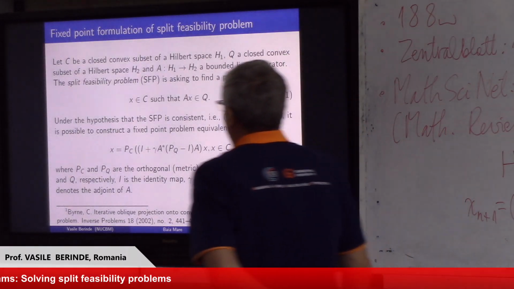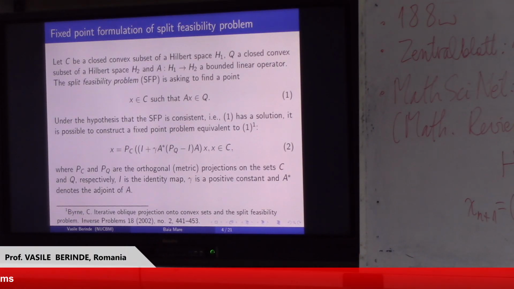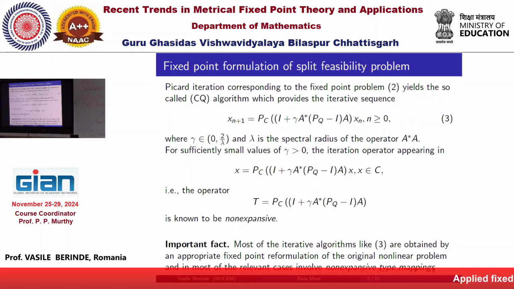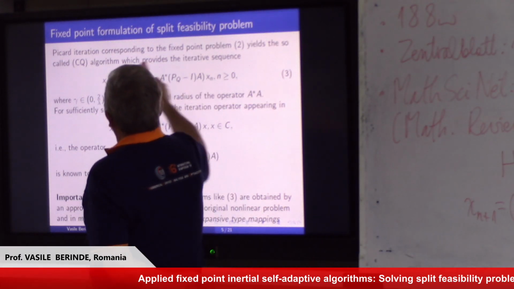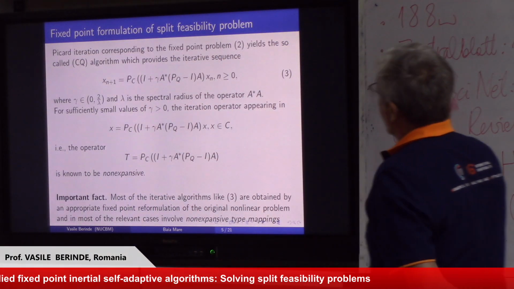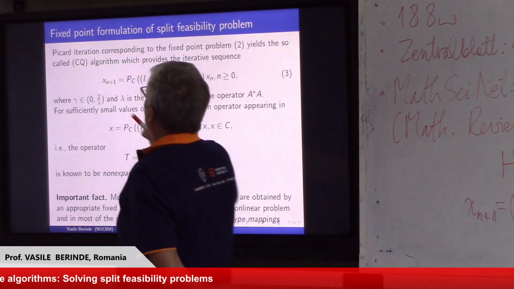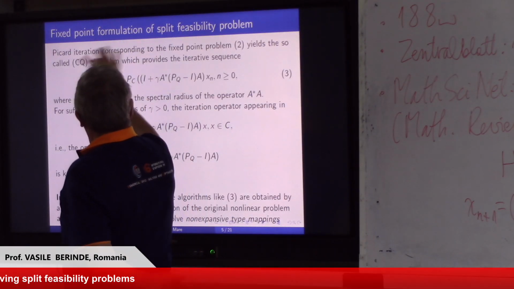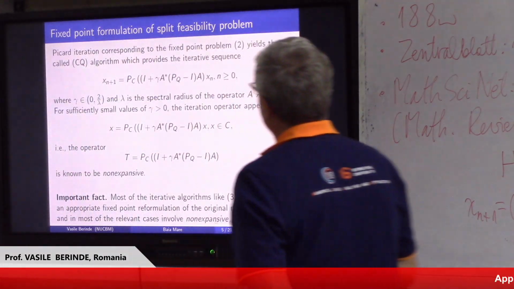Then it is clear that we can immediately construct an iterative scheme, just considering the Picard iteration. This is our operator T, so x_{n+1} equals T of x_n. It is known that this is a very important algorithm in solving the split feasibility problem, but also fixed point problems for non-expansive mappings.